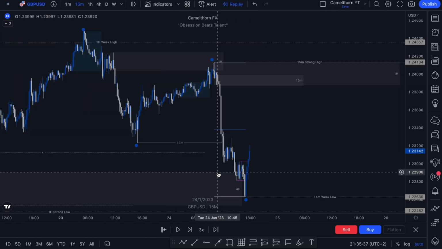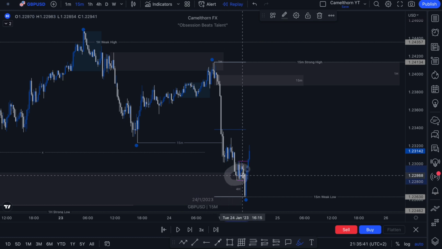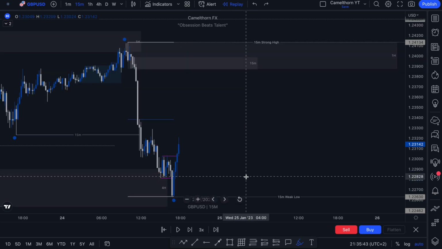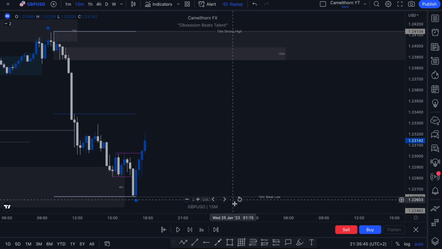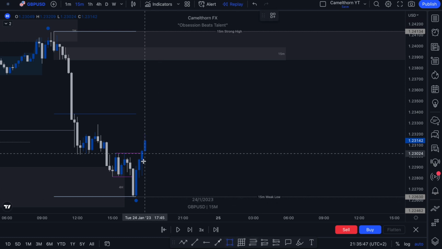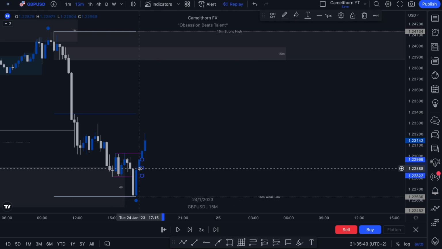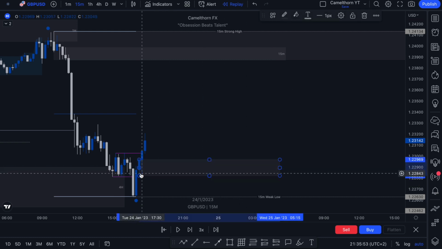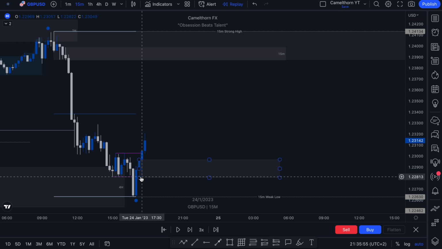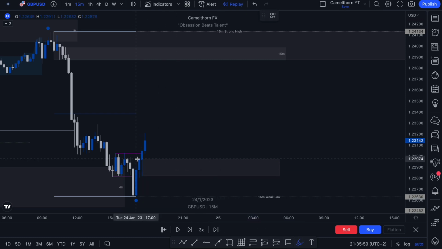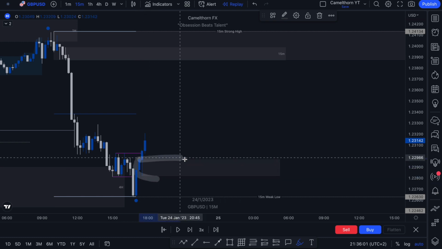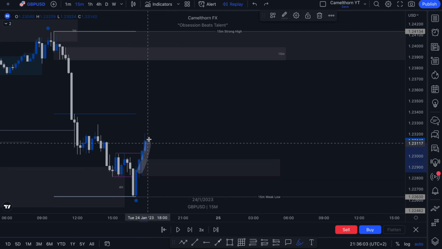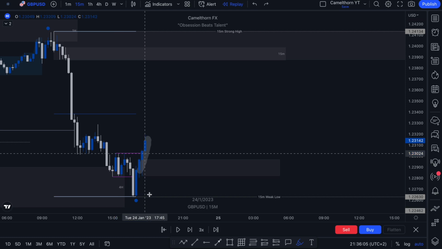Now, because you wanted to see that change of character take place within your higher time frame POI, you want to look for price action to trade down towards this particular wick zone in here. You can either mark it out as this candle, or you can mark it out as this wick zone. Why? Because this is essentially a lower time frame range that led to your change of character taking place.